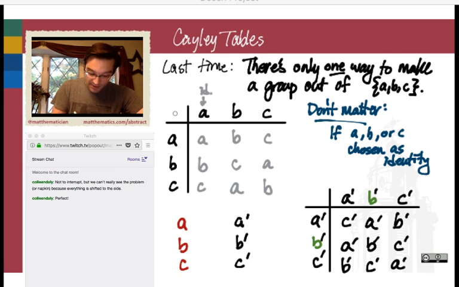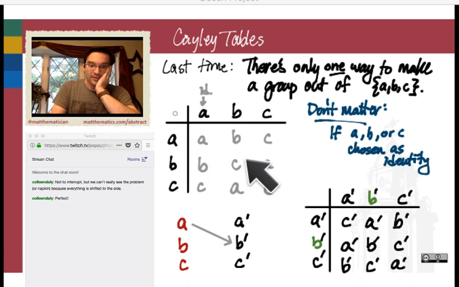A, which is the identity in my first group, correlates to B prime, which is the identity in my second group. And then since the row BCA from this table ended up getting bumped down to the third row, my C prime row, that indicates that the old B is the new C prime. And then the CAB row from over here became C prime, A prime, B prime, so the old C is the new A prime.